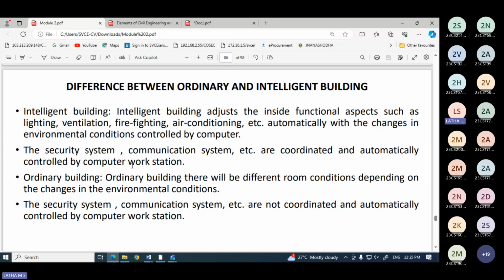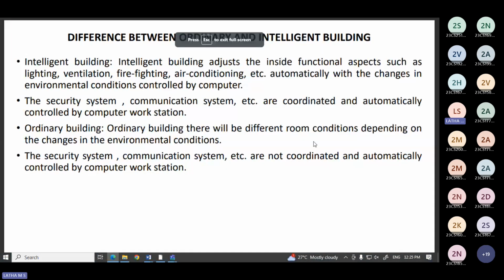So with this line of difference, could you please tell me, are we in an ordinary building or in an intelligent building?